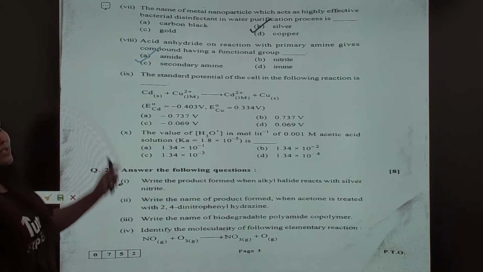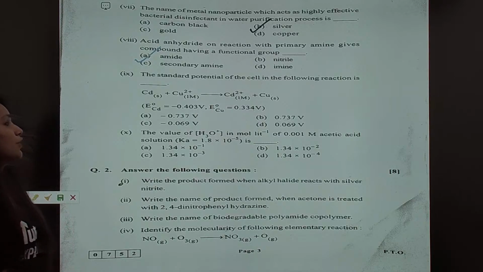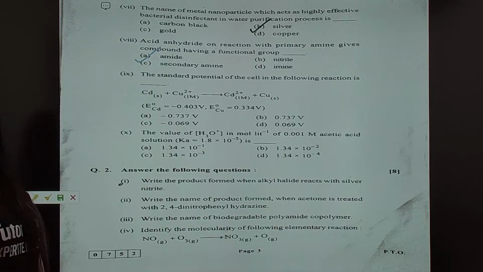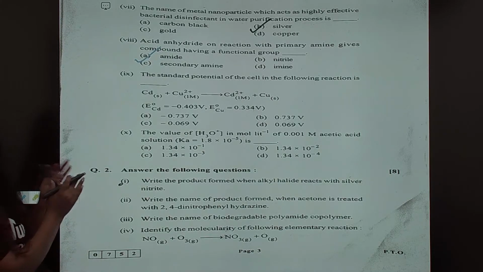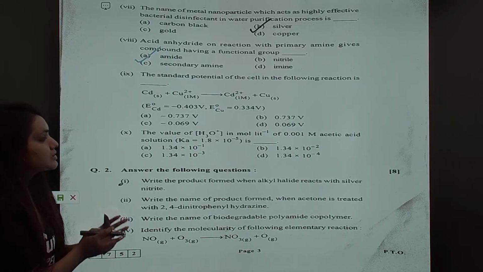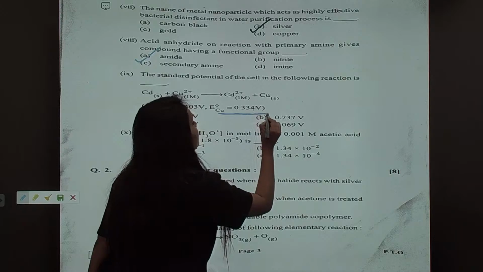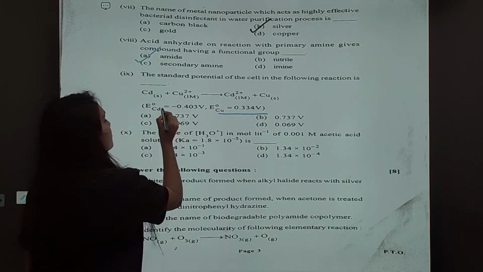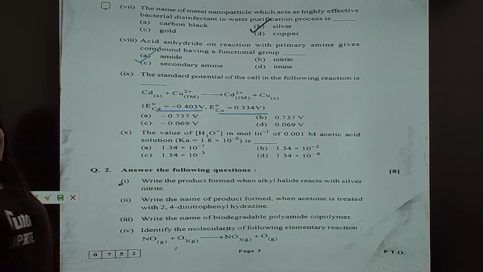Let's move on to question number 9 now. The 9th question says the standard potential of the cell in the following reaction is, it looks very complex but it's very simple, if you remember the concept. I will simply write the electrode potential of copper minus the electrode potential of cadmium.